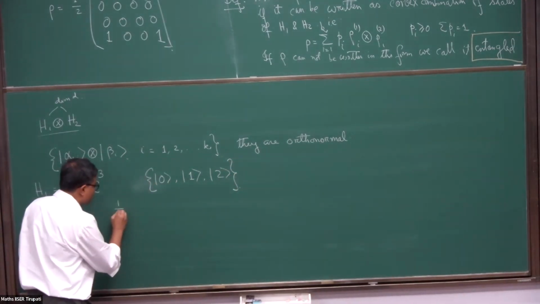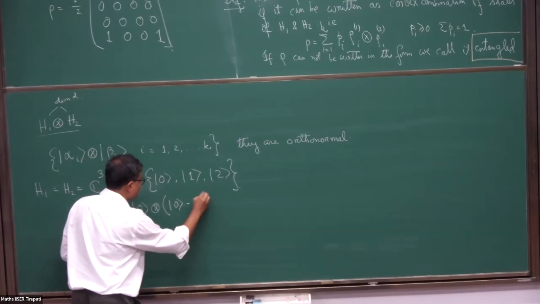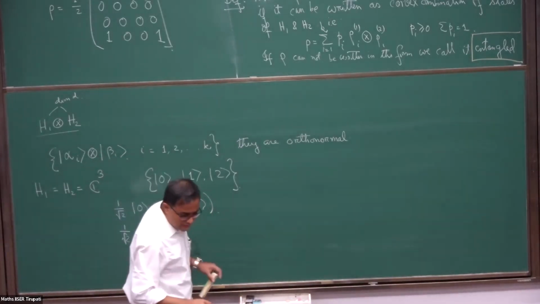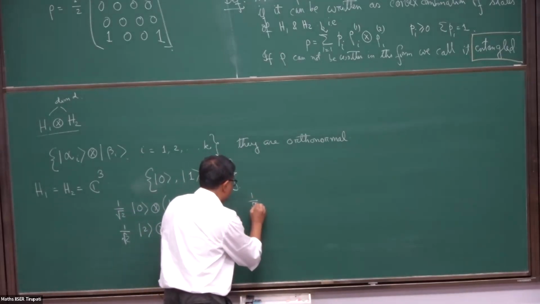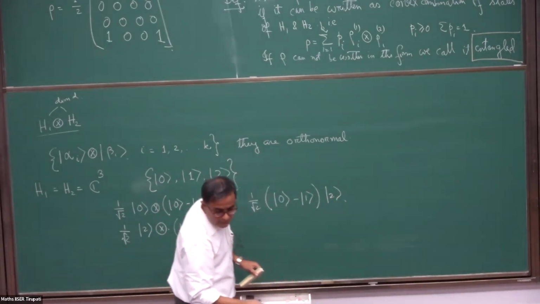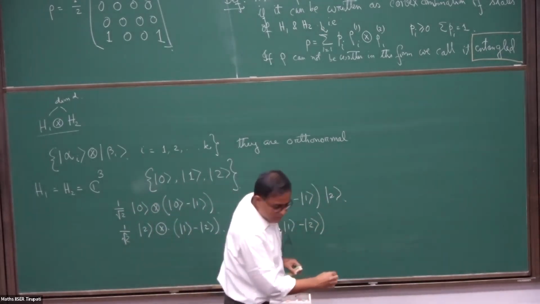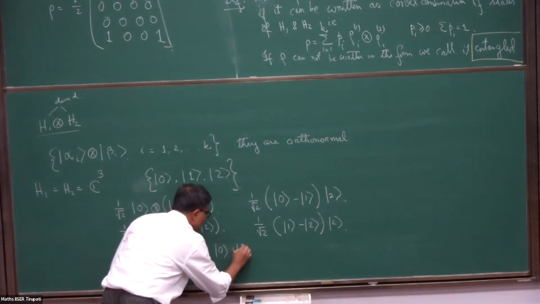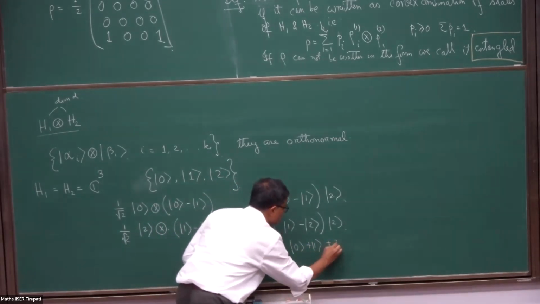So, these following vectors: 1 by square root of 2, |0> tensor (|0> minus |1>), 1 by square root of 2, and the last one is (|0> plus |1> plus |2>) tensor (|0> plus |1> plus |2>).